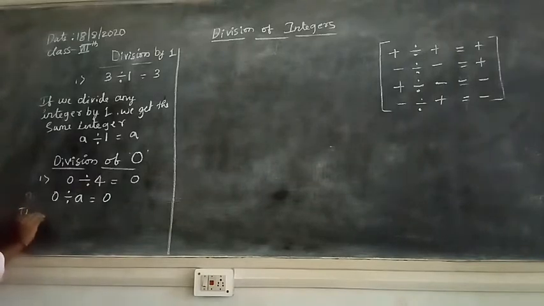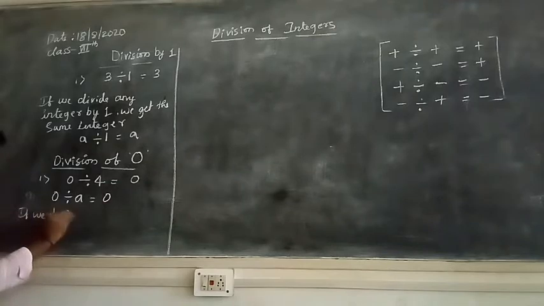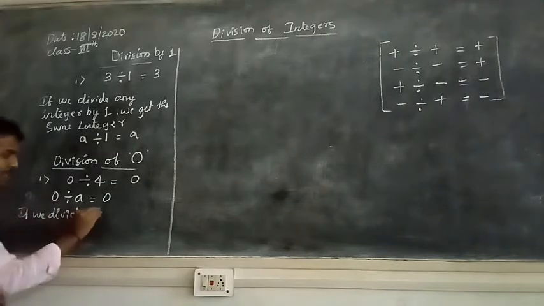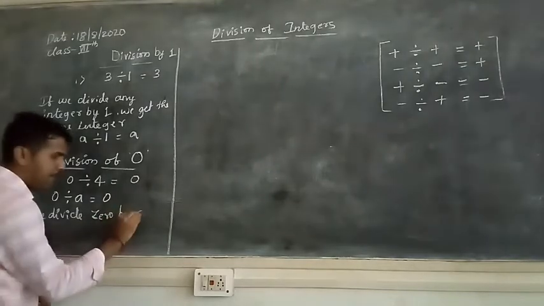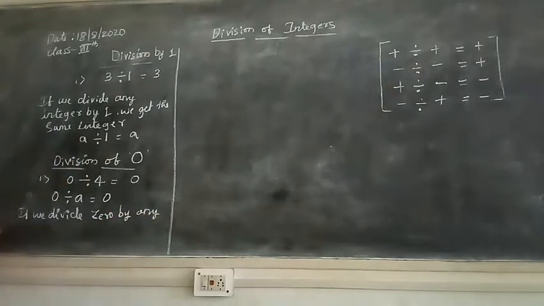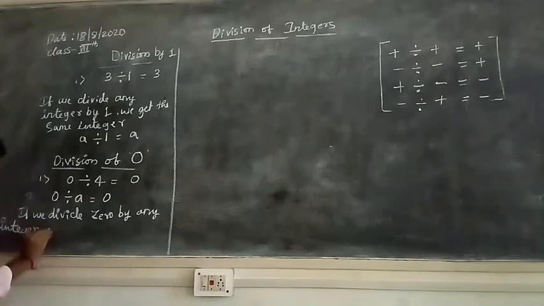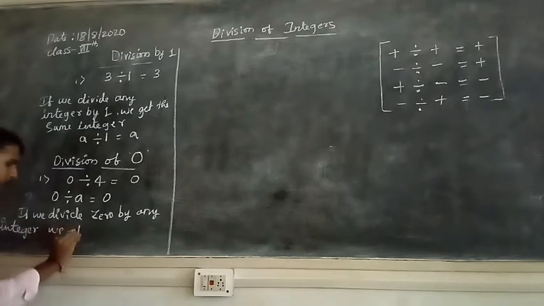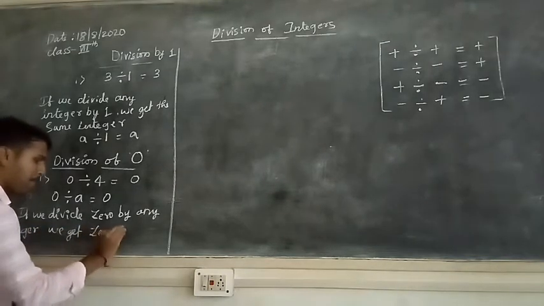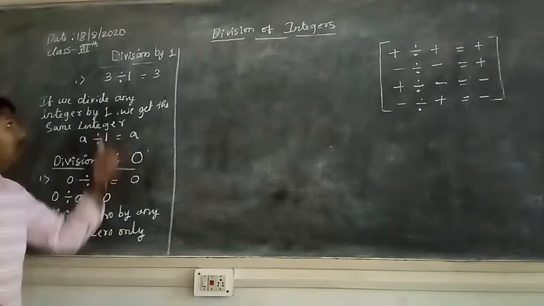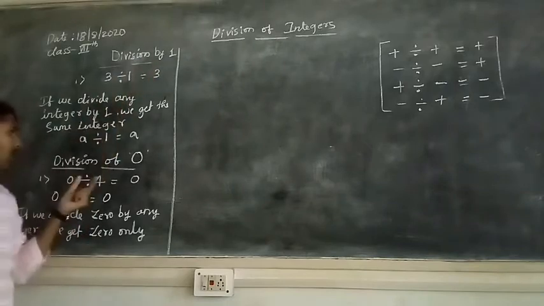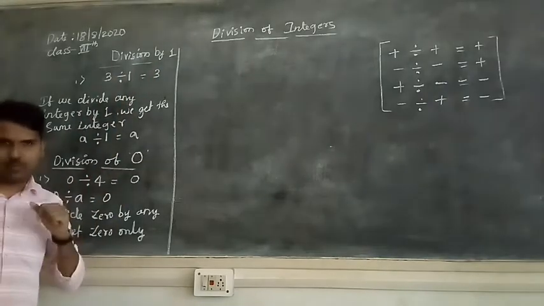If we divide 0 by any integer, we get 0 only. So I hope you understand division by 1 and division of 0.